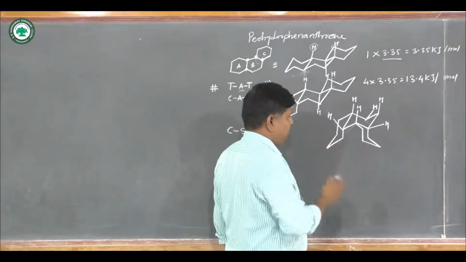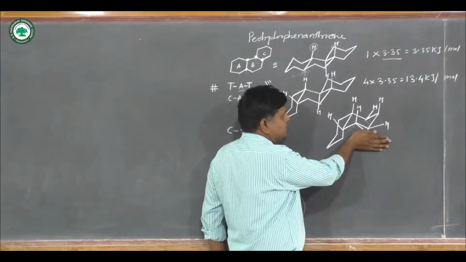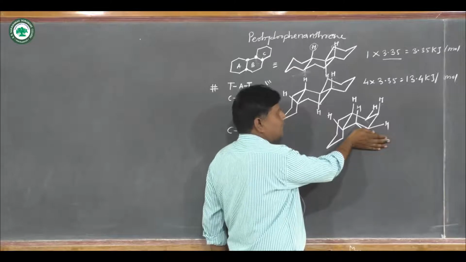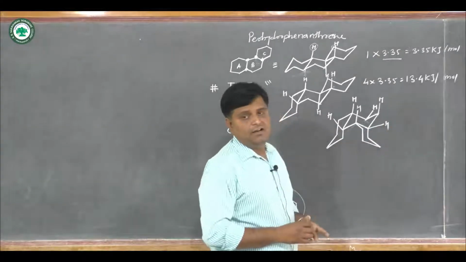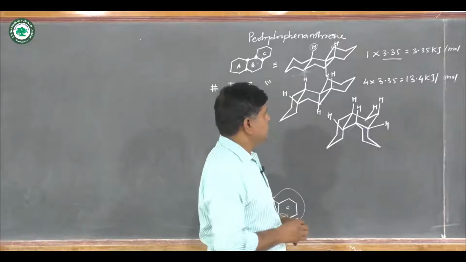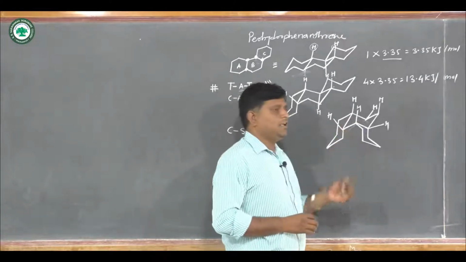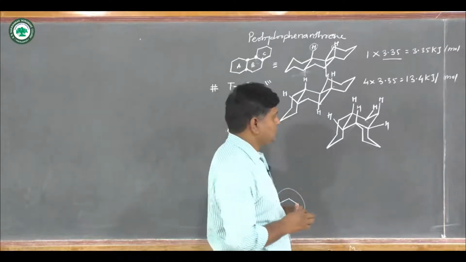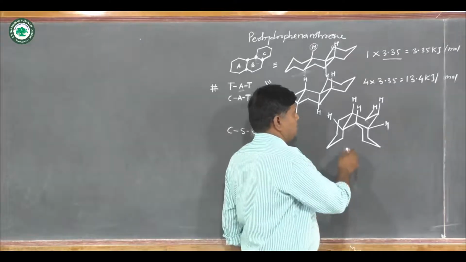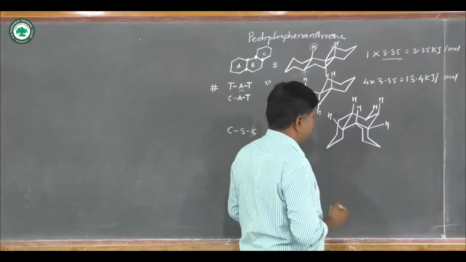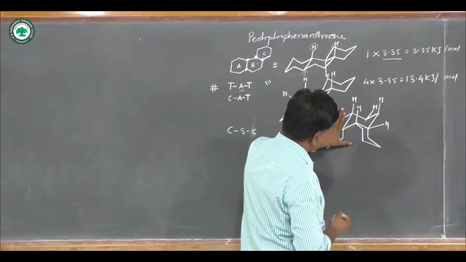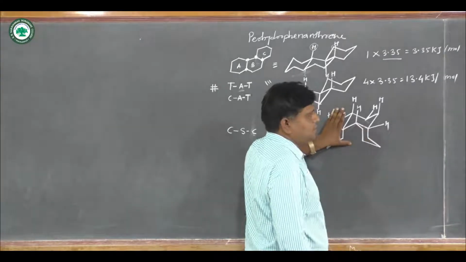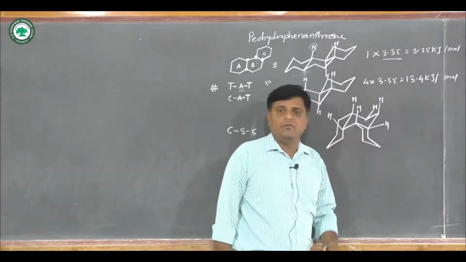Suppose we hide this C ring; at that time you see these two rings look somewhat like cis-decalin. So the pre-calculated energy for that is three butane-gauche interactions. And when we hide the A ring, the relation between B and C is also cis, so there are also three butane-gauche interactions.